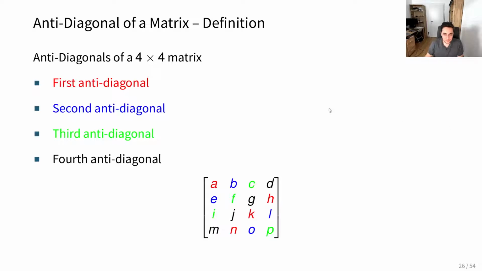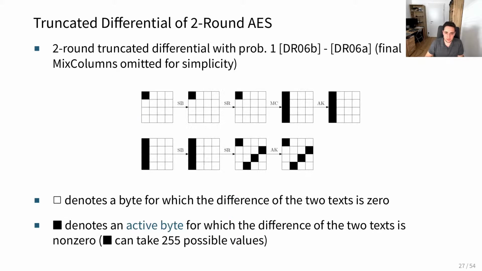And these are the anti-diagonals, but again, it's not so important to remember. What is important is that we can build a truncated differential like before, also for the AES, specifically for 2 rounds of the AES, with a probability of 1. And we omit the final mix columns here, which is reasonable. It's also omitted in full round versions.